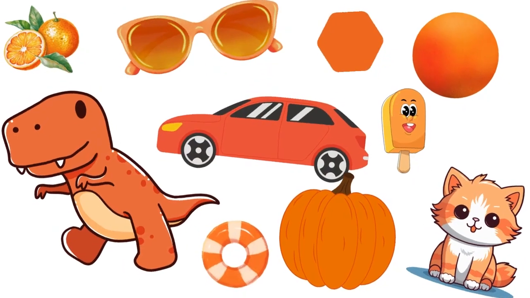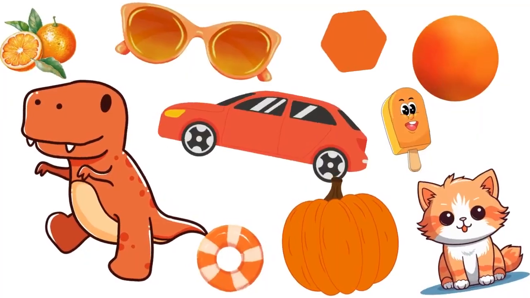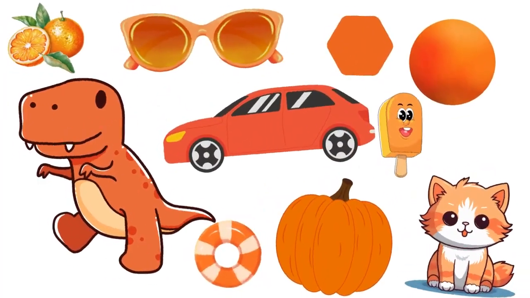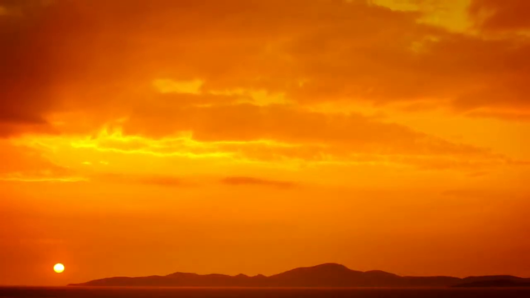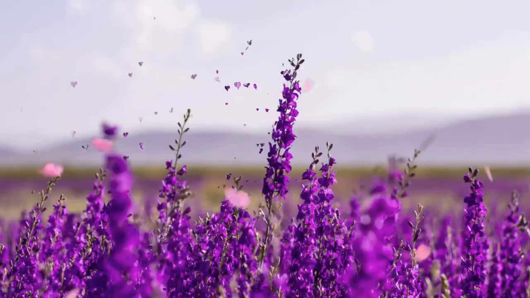This is orange, the color orange. Orange, oh so fun. This is orange, the color orange. Do you know what color this is? This is orange. This is purple, the color purple.